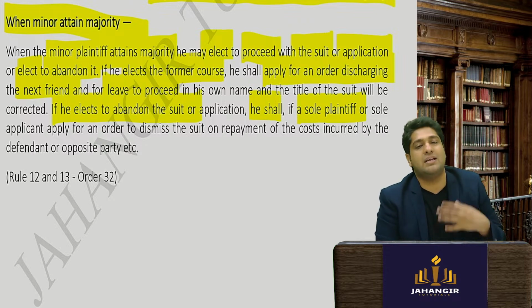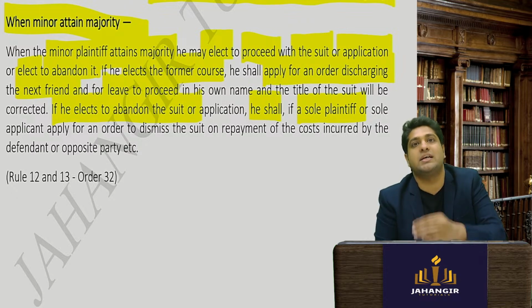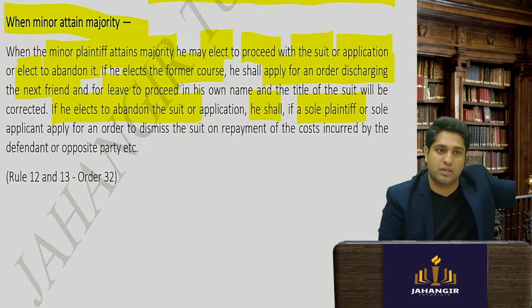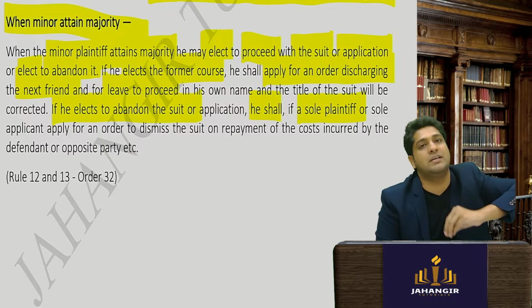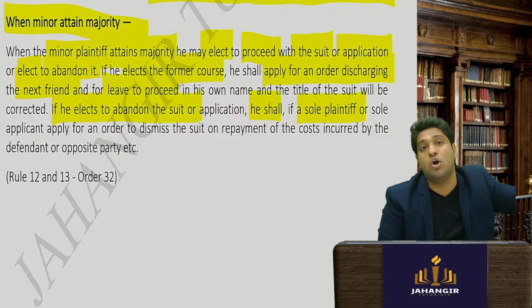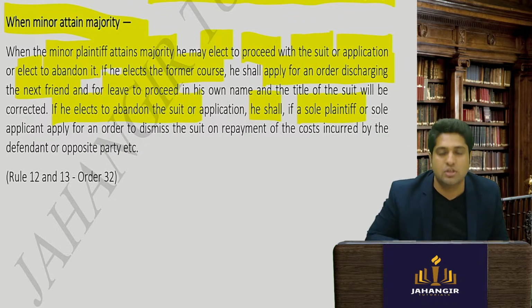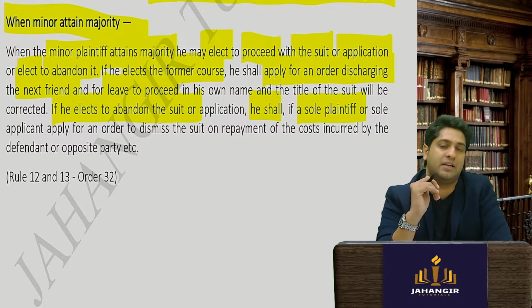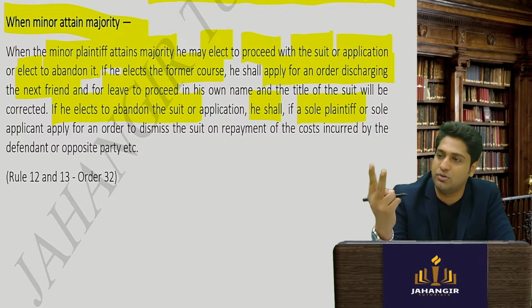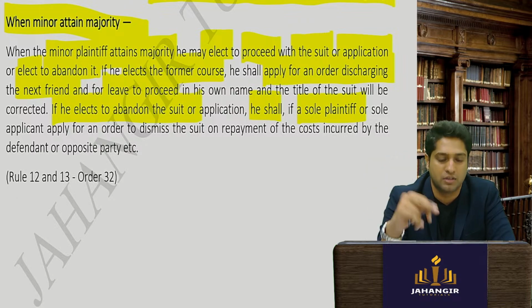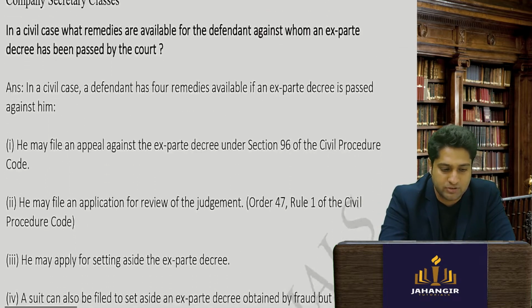When the minor has attained majority, become 18 years, then he can decide whether the guardian should continue the case in his name, or whether he should continue the case in his own name, or whether he wants to drop the case. So all three options are given: either continue in own name, continue in guardian's name, or end the matter. So the minor gets three options. Clear?